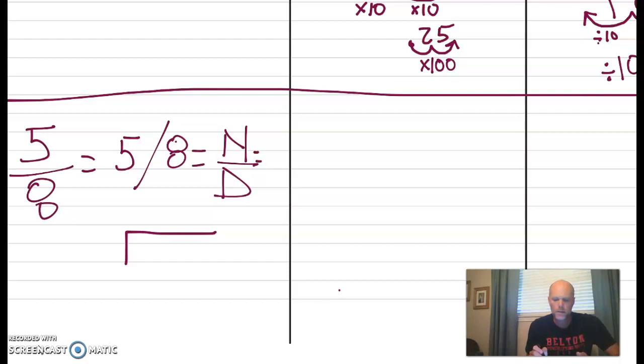I wish I had written this better somewhere, so I'll just put it right here. Norman always goes in the house. Okay, don't let your donkey in the house. It would be gross and dirty. All right, so we have to divide. 5 divided by 8.